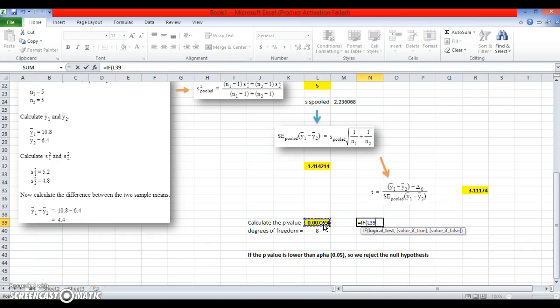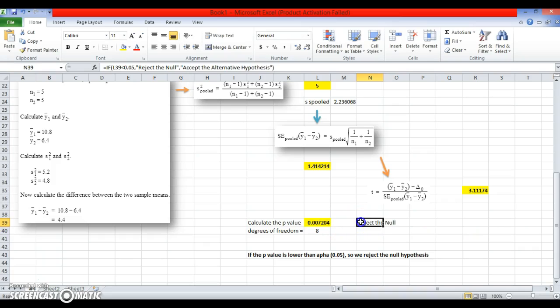So if our p-value is less than alpha, then we reject the null. Else we accept the alternative hypothesis. It's a little longer, but just to get the point across.